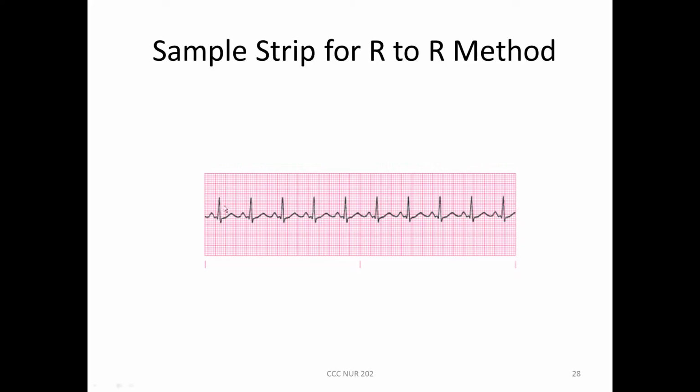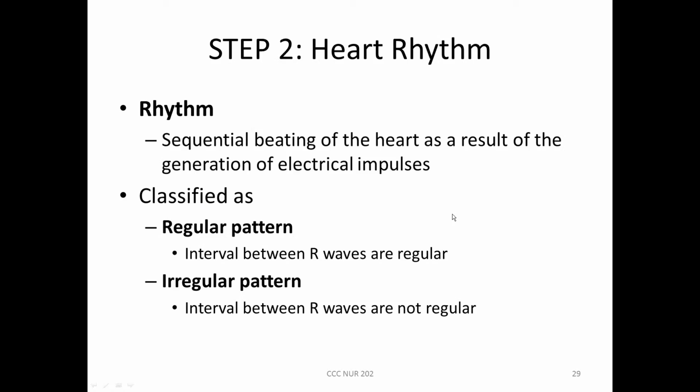I count each QRS complex. 1, 2, 3, 4, 5, 6, 7, 8, 9, 10, and then you multiply that by 10, so that's a heart rate of 100. I was just showing the R to R method, but that's not what I would really do. I want to keep that simple.